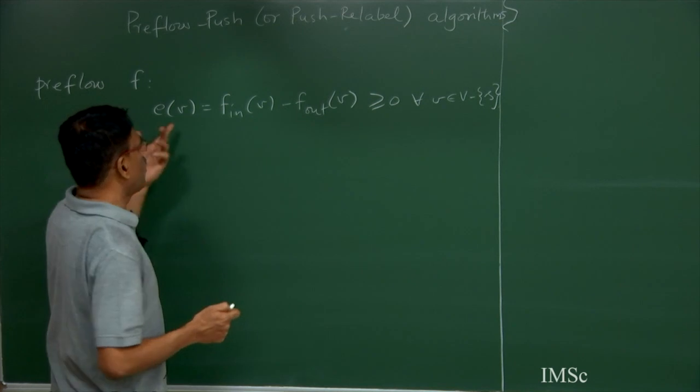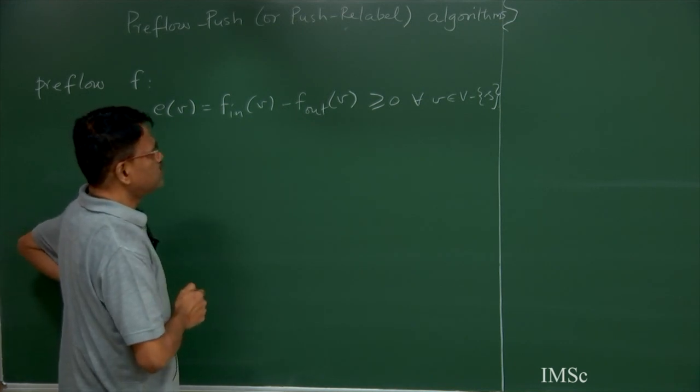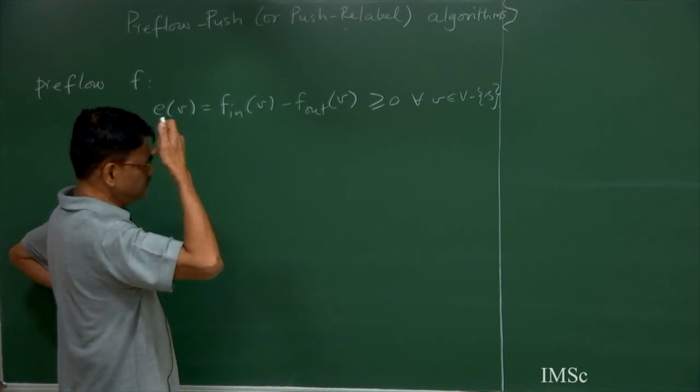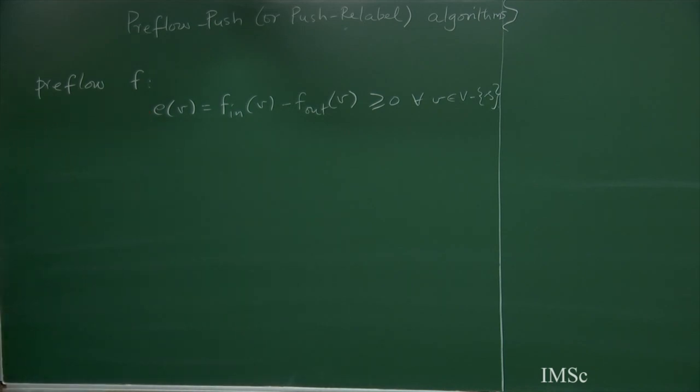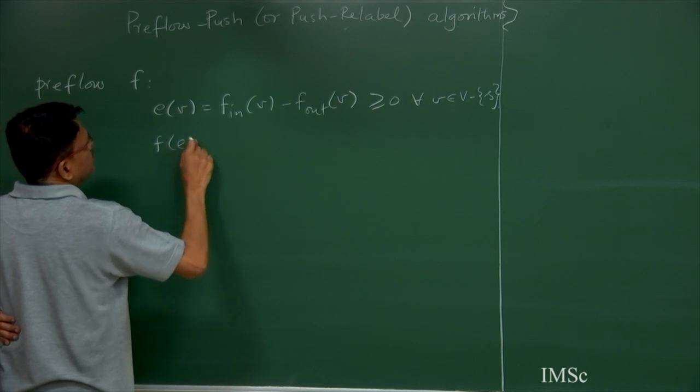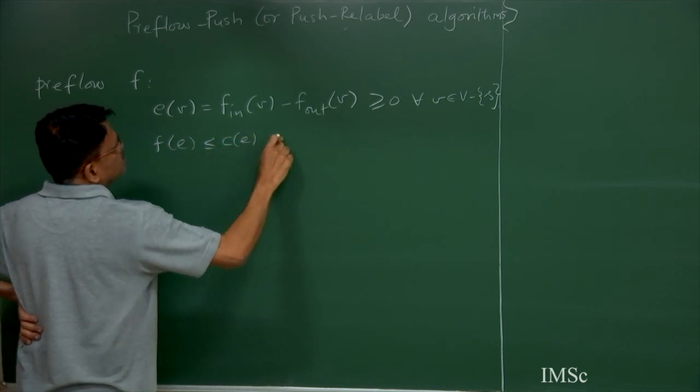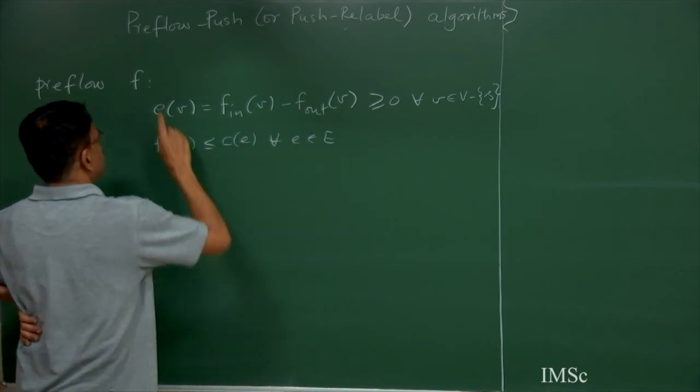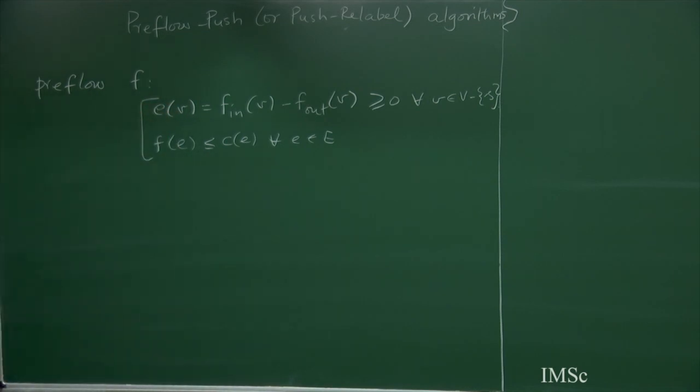We are relaxing the conservation constraint: rather than wanting the flow in and out to be equal, we want what we call the excess to be greater than or equal to 0. And you also want the capacity constraint. So, any function f on the edges that satisfies these two constraints is called a preflow.